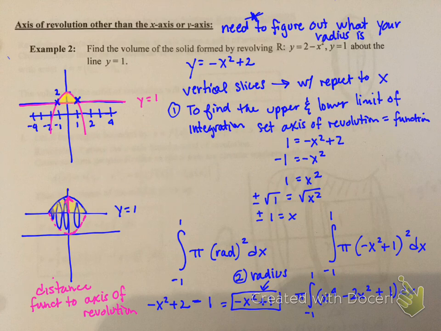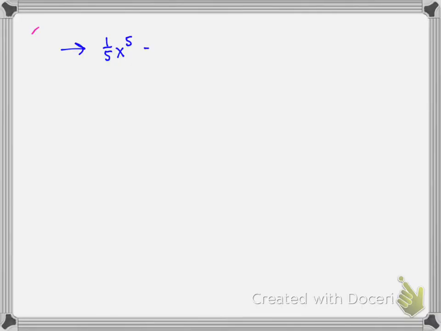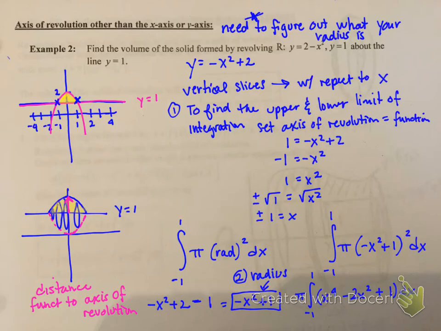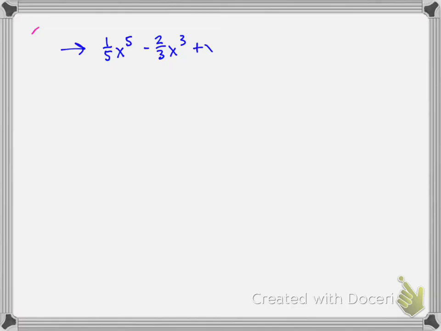So x to the 4th becomes 1/5 x to the 5th. Negative 2x squared becomes negative 2/3 x to the 3rd. And then 1 becomes x. And remember, when I integrate this, I have to multiply everything by pi.